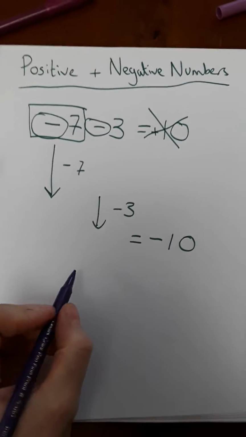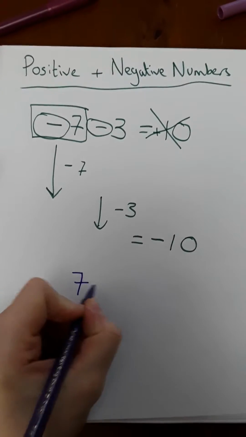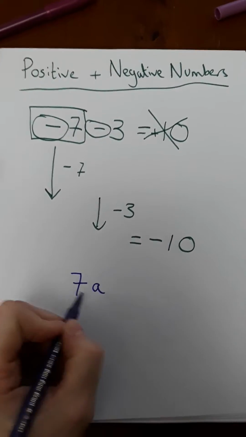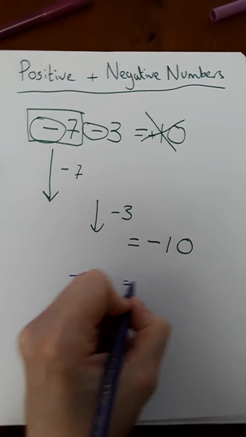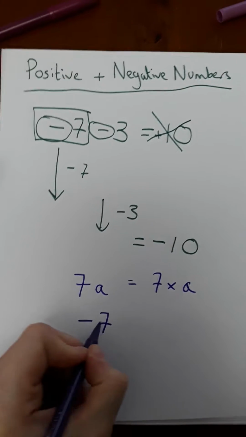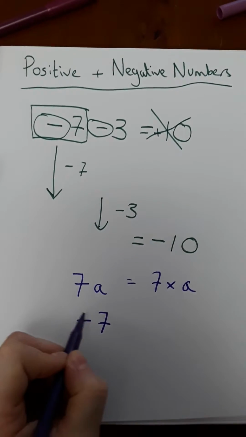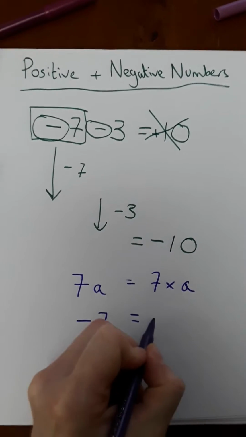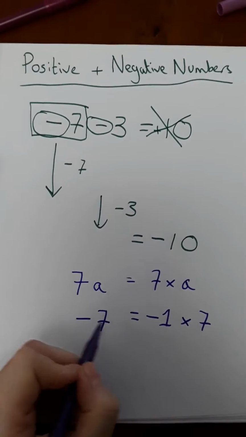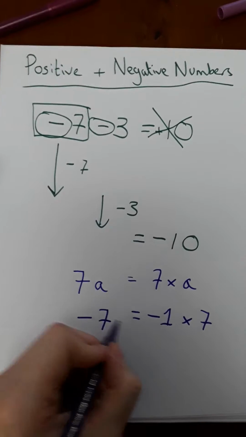I don't know if you ever noticed, but when you see things like 7a, if any two things kind of touch or rub together in maths, they actually mean times. So when you see minus 7, because that negative is touching that 7, it really means negative 1 times 7, because in maths we never write the number 1.